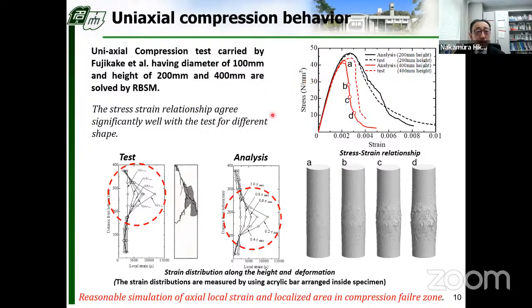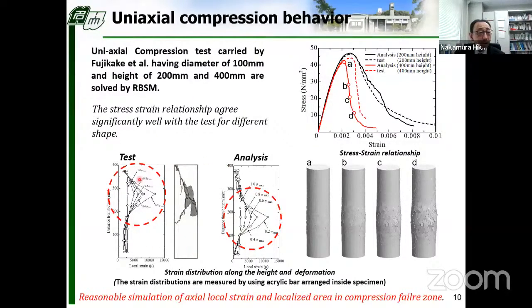This figure shows the simulation result of a uniaxial compression test with a diameter of 100 millimeters and 2 different heights of 200 and 400 millimeters. The stress-strain relationship agrees significantly well with the test for different sizes.